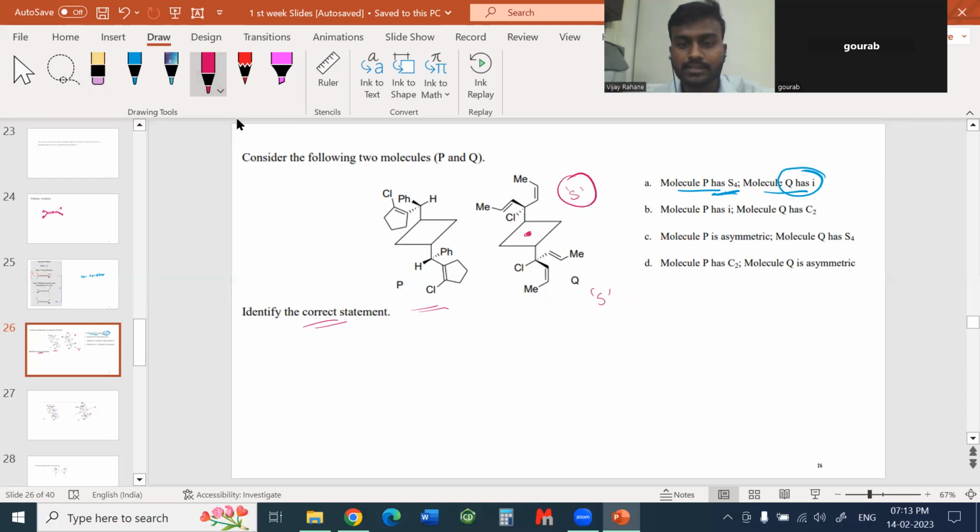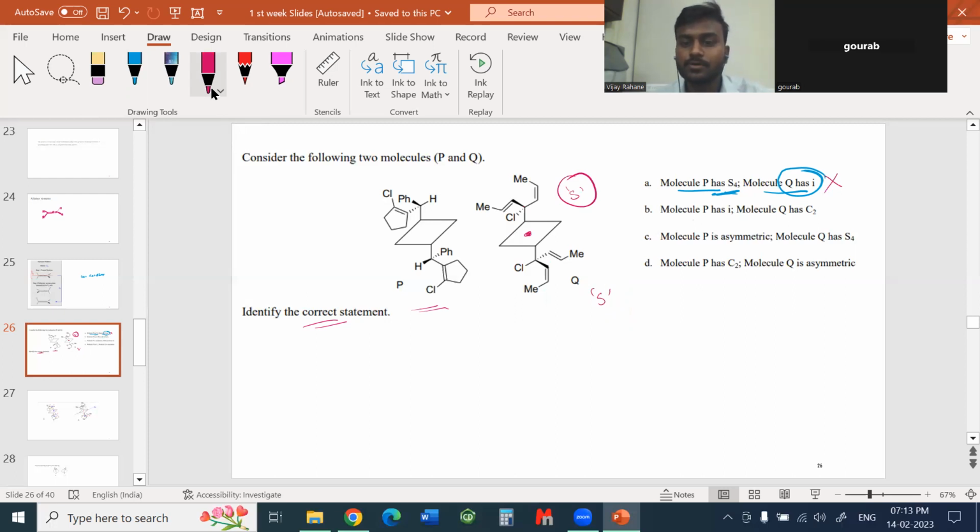If it is R, then only can you say it will have the R inversion center. So this molecule doesn't have the inversion center, and this option by default is incorrect.